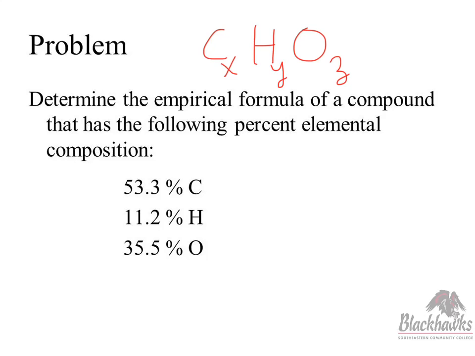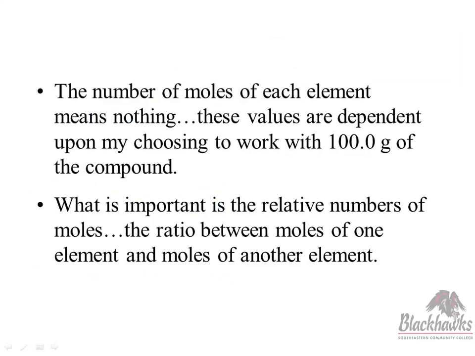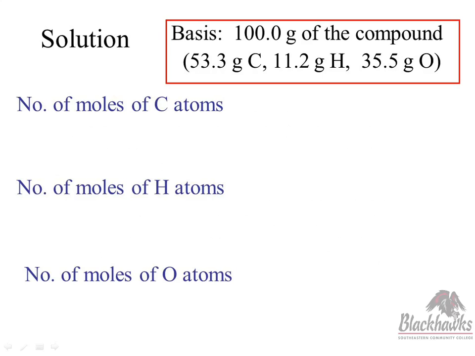So right off the bat, in the corner of this next slide, I wanted to emphasize, and I was going to have you guys knock this out, to set our basis. It's not 1 mole now, but it's 100 grams. The reason we choose 100 grams is our basis.